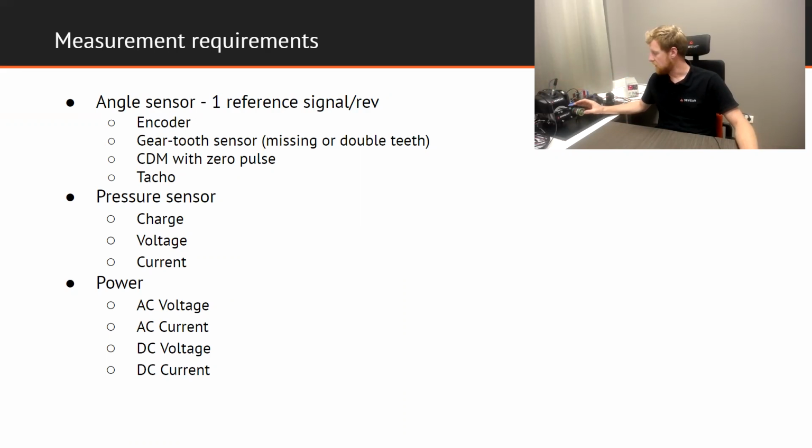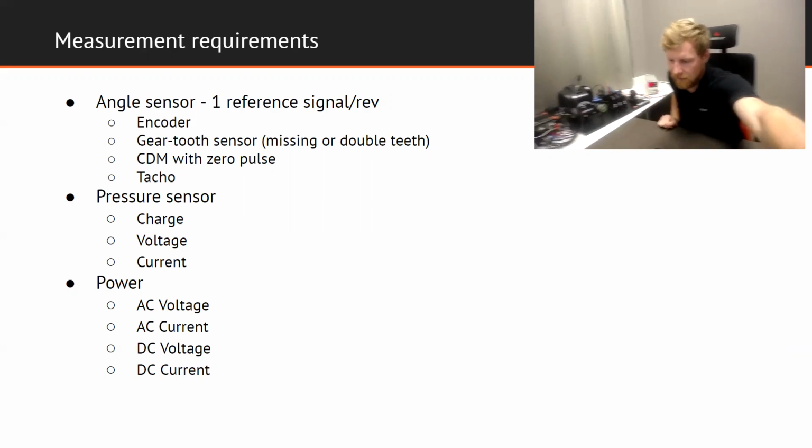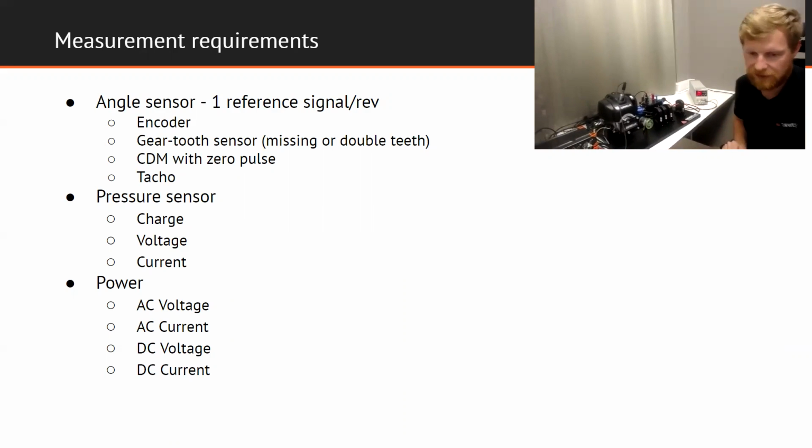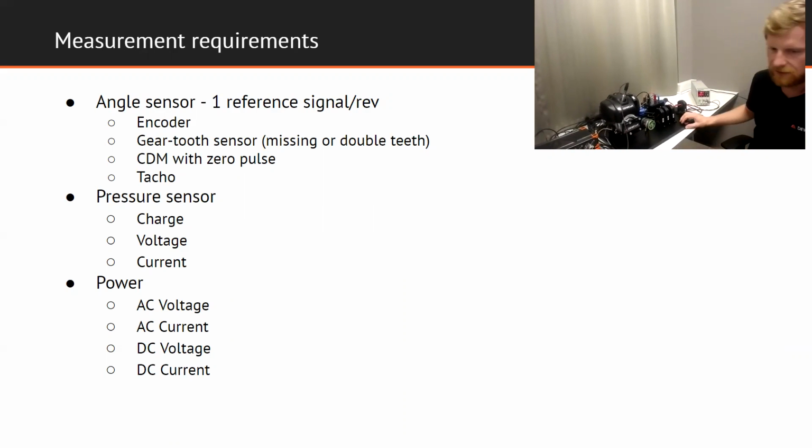We are also doing power analysis on the electric motor. So we have a three-phase electric motor, an inverter in the box, and a DC power source. This is basically your battery.